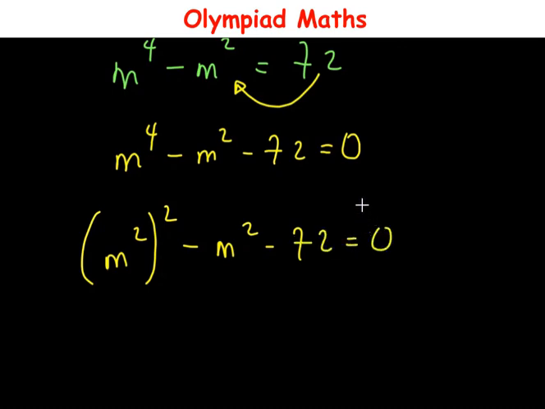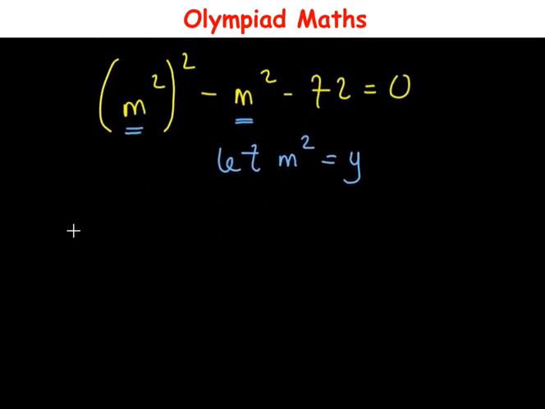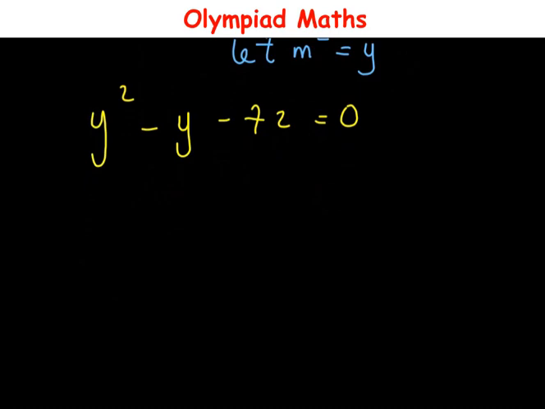This equals 0. Now with this, we can say let m squared equal y. We have m squared here and m squared here. Let it equal y. So this then becomes y squared minus y minus 72. This equals 0. And with this, we can write minus y as minus 9y plus 8y, then minus 72.